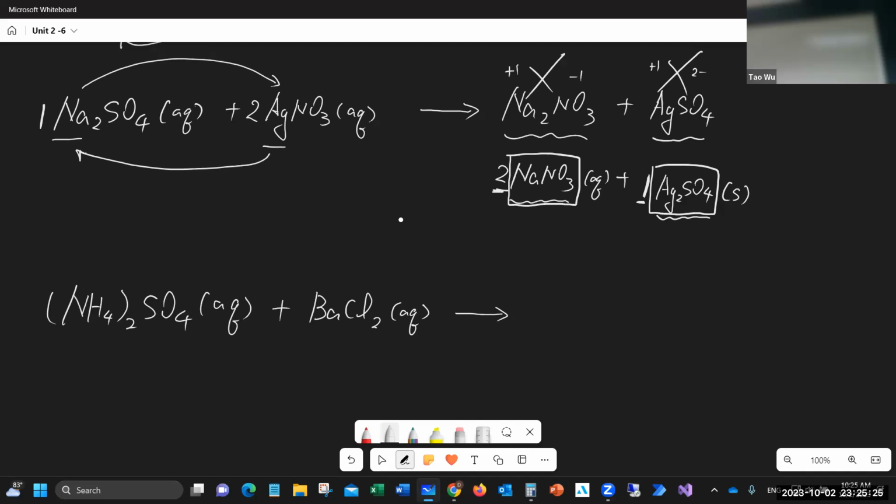Also make sure the cation always goes first, the anion later.